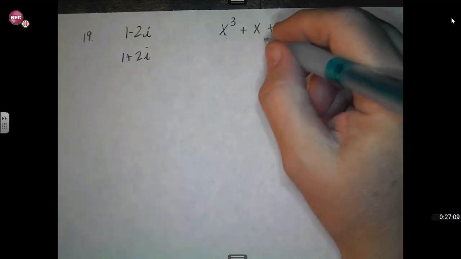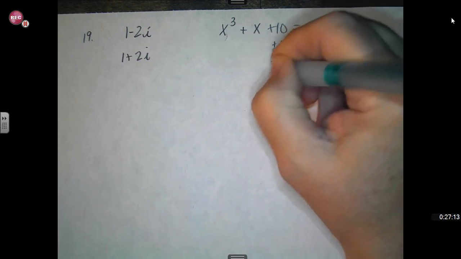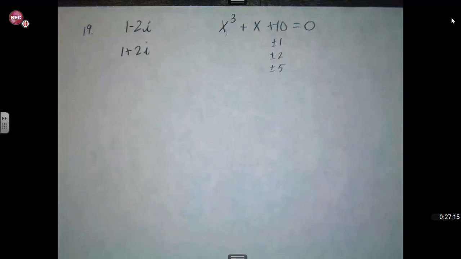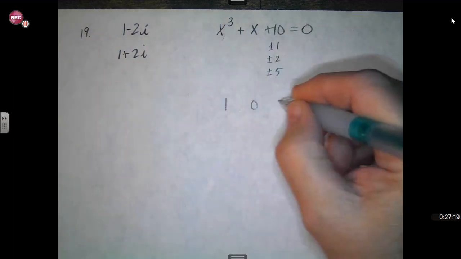Okay. And then I'm going to use synthetic division to find the other root, the third root. And so 1, 0, 1, 10.